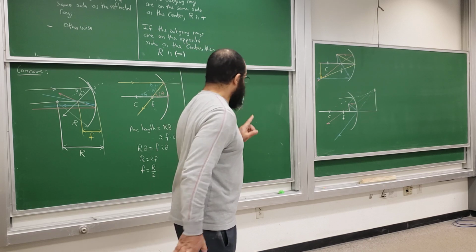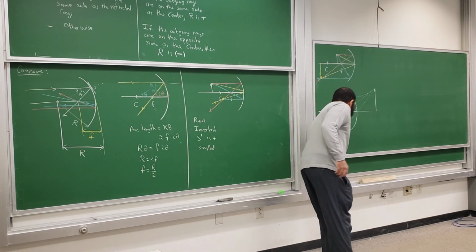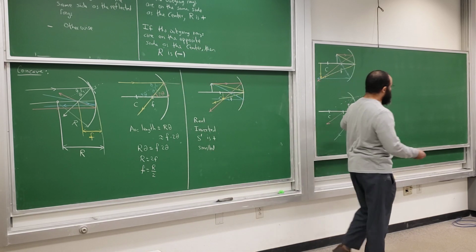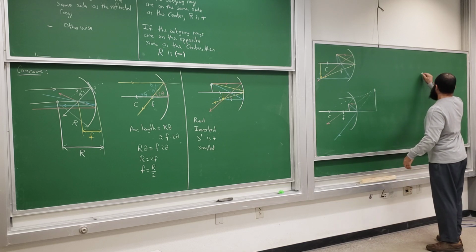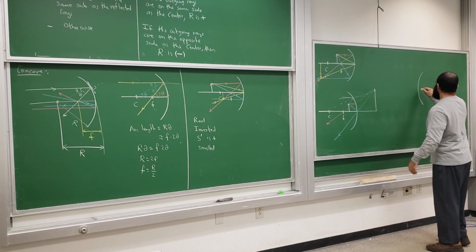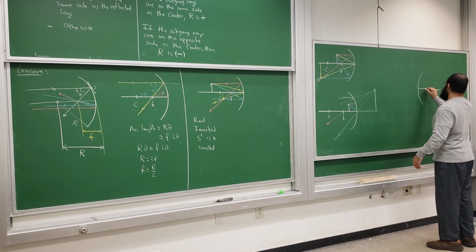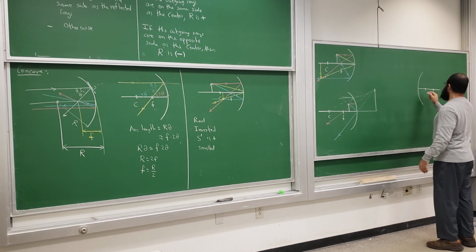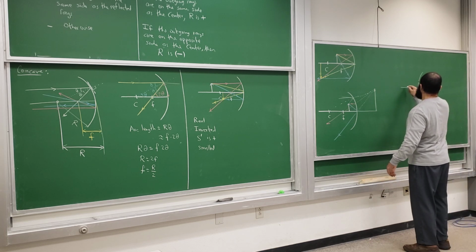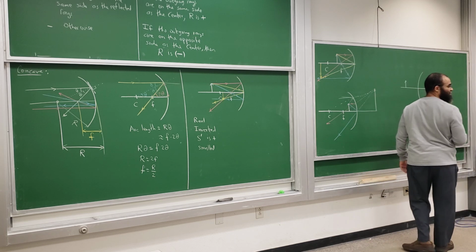Yeah, I remember something. For the convex mirror, just before we leave, for the convex one, this is F and this is C, and your object will stand here, right?